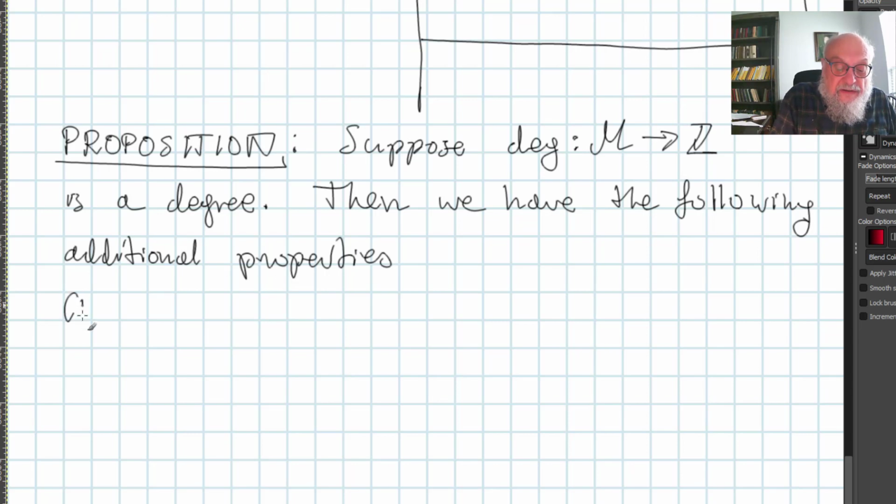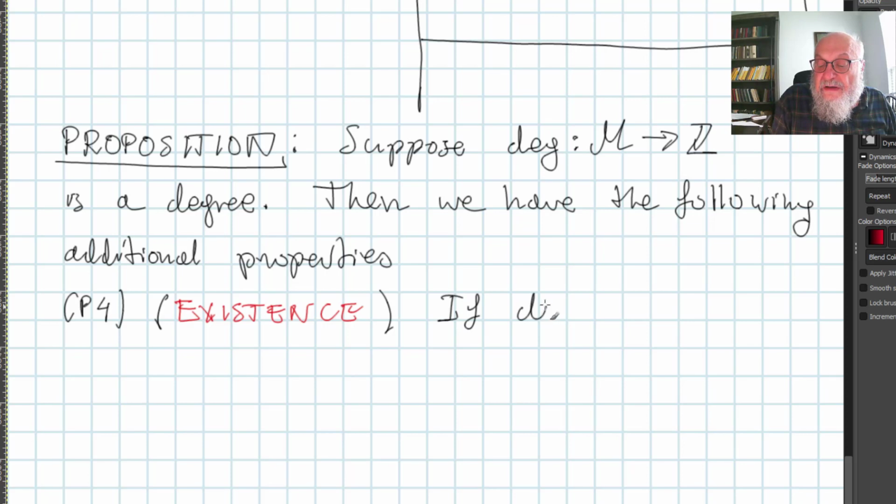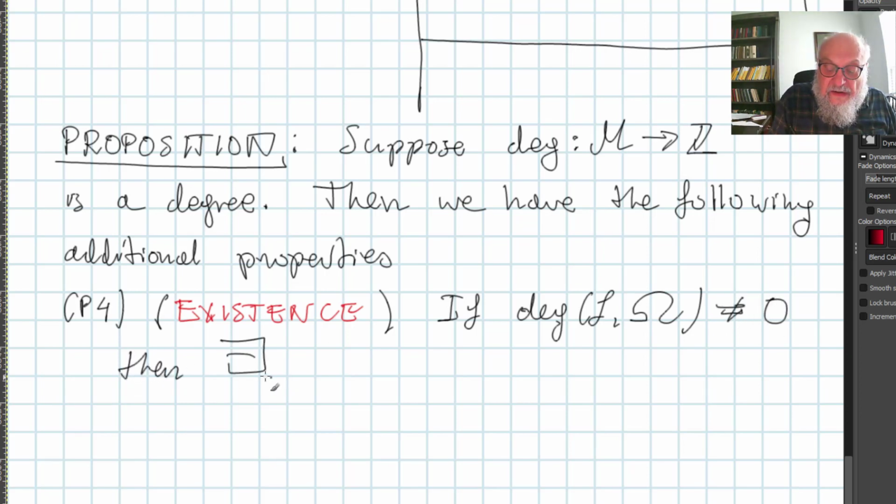And the first one, let's call it P4, will be called the existence property. If the degree of f, omega is not equal to 0, then there exists an x naught belonging to omega such that f of x naught is equal to 0.